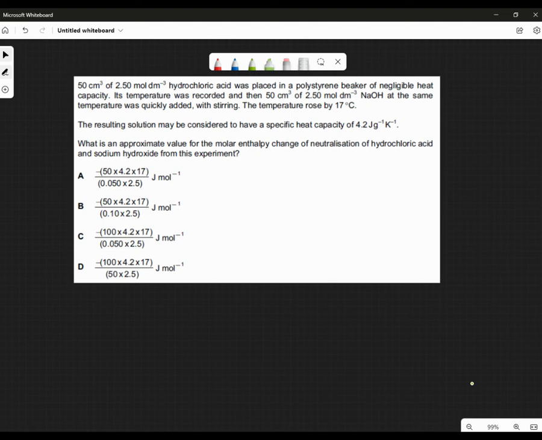We know delta H is equal to mc delta T. Now, if we're going to make a delta H, this has to be minus. And we have to divide by the number of moles, and we divide by 1,000 to get the kilojoules. But I've just realized that the answer they want is in joules, so we don't have to do that.